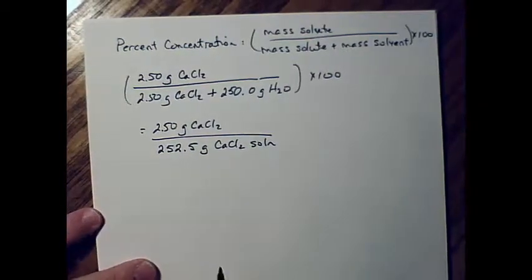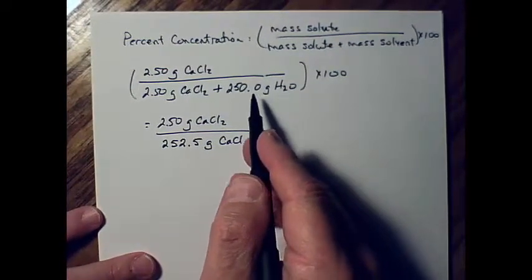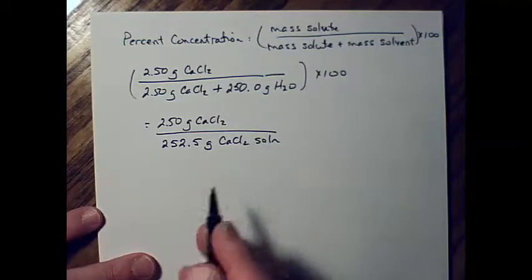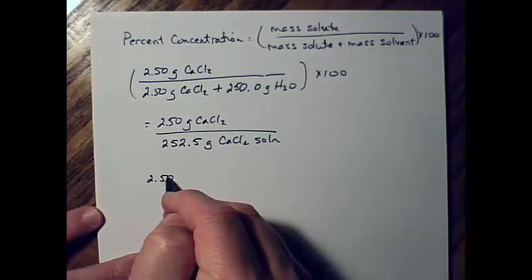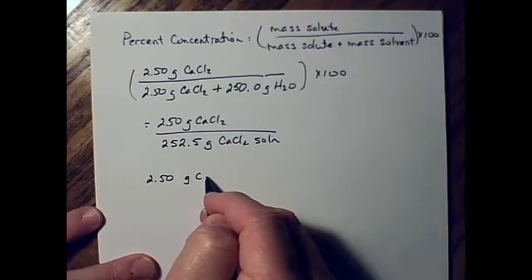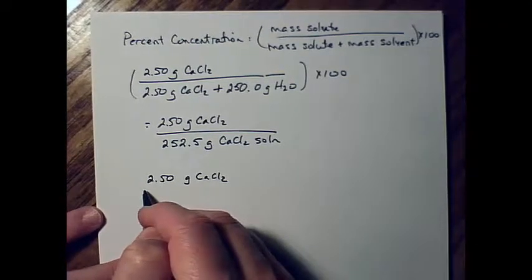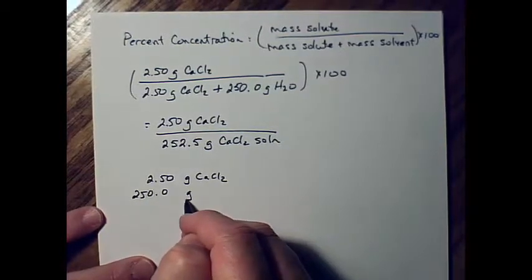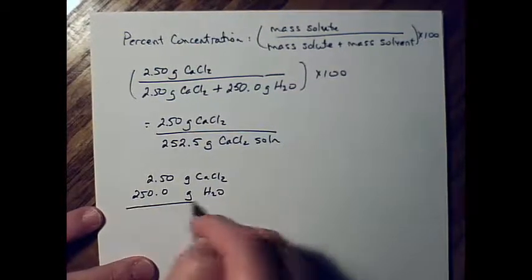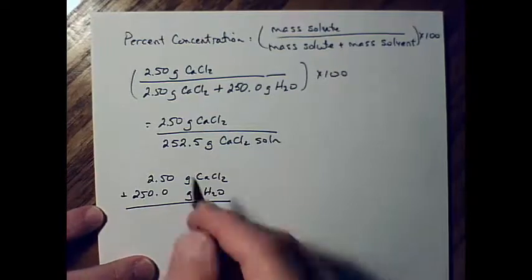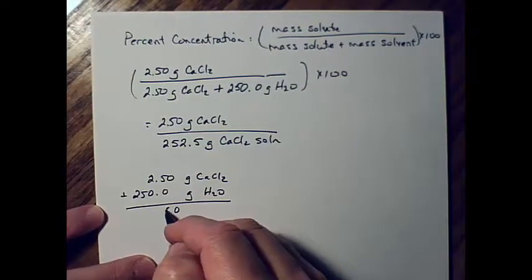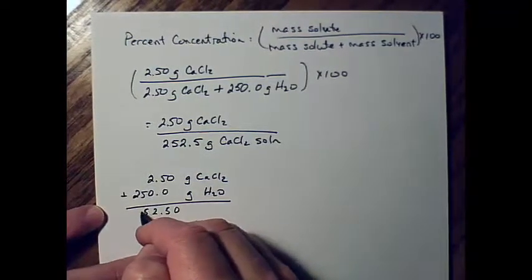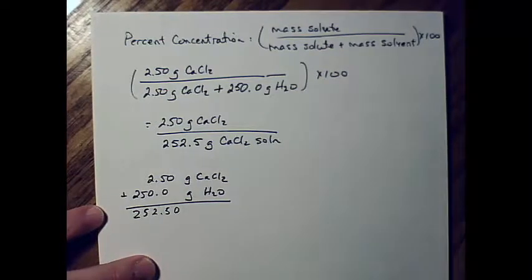Now to be safe, let's show how we got that, so we can show how we add numbers together and round off properly. 2.50 grams of calcium chloride, 250.0 grams of H2O. I'm going to add these together. We get 252.50, but there's an empty slot here.